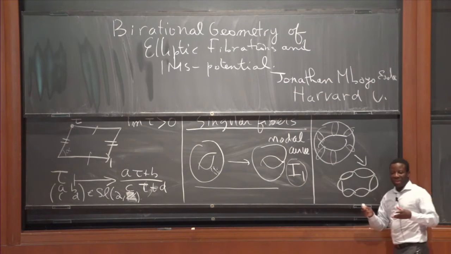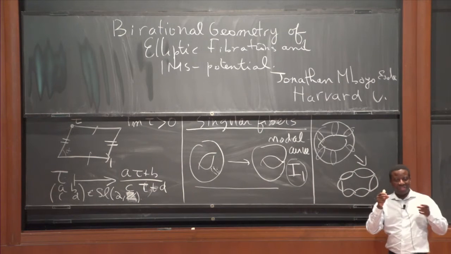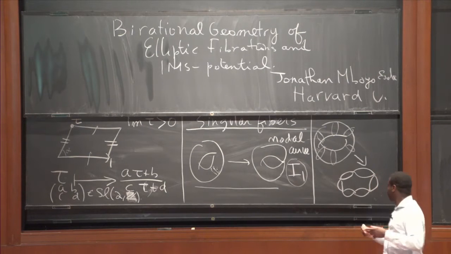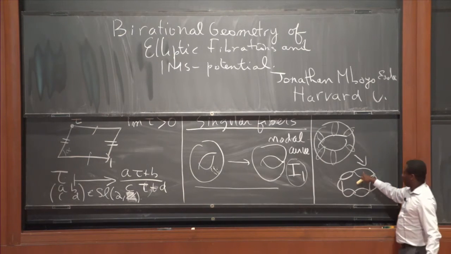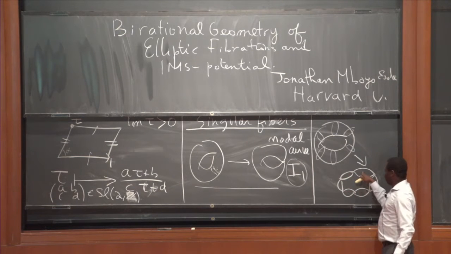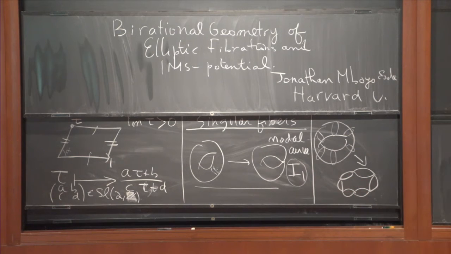It looks like a collection of spheres that touch each other by a point. So I'm going to draw the same structure here, where basically each of these circles represents one of these curves, and I draw a line when they are connected by a point.